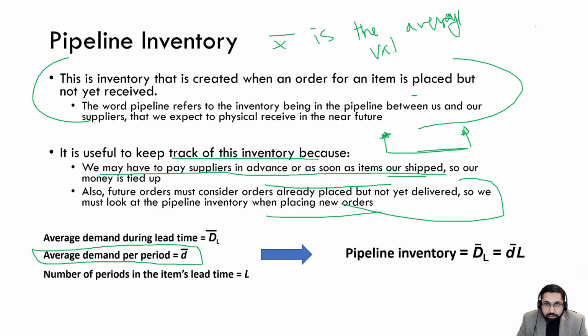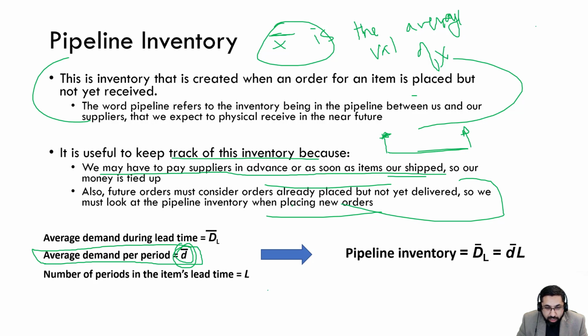So when you see a bar, it just means an average. Your daily or weekly demand is small d, and D bar is the average demand. You don't know exactly what demand will be, but you know the average. On average, my demand is this much.